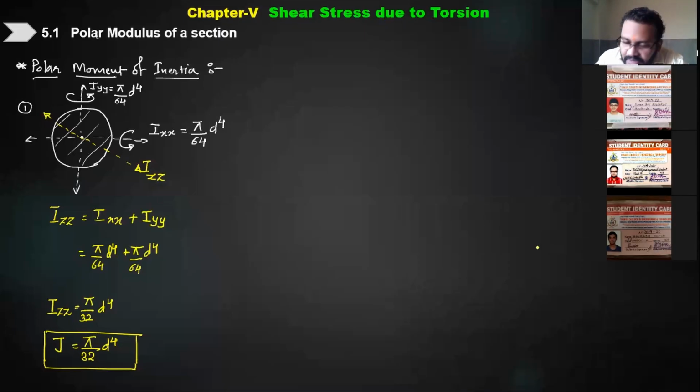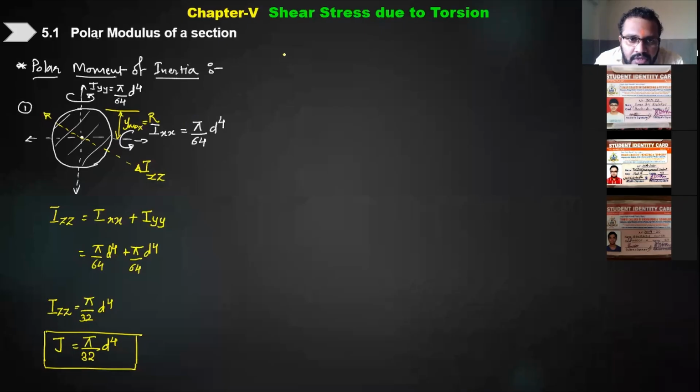Now, just as we found the section modulus, in a similar way I can find out the modulus. But this time I will not be using only moment of inertia about neutral axis. I will be taking polar moment of inertia, right? So if I take polar moment of inertia J divided by the maximum distance y, but here in this case most of the time we will have a circular section, so we can take J by y or J by r, because y maximum is nothing but the radius of the circle, right?